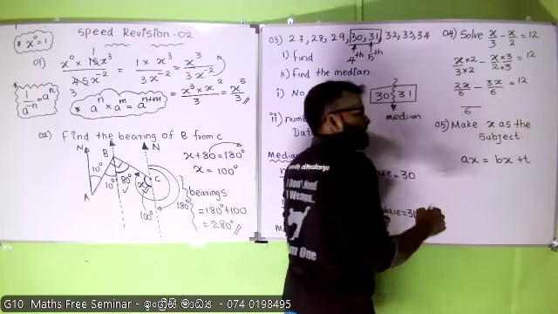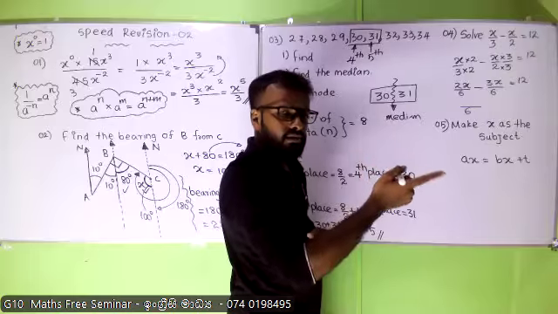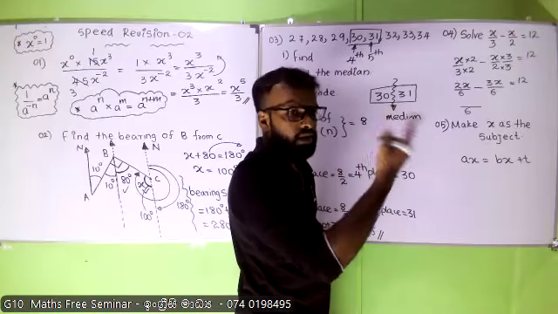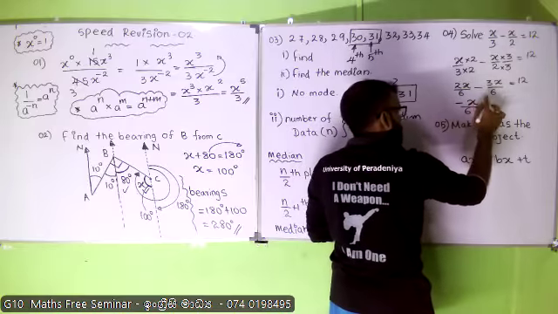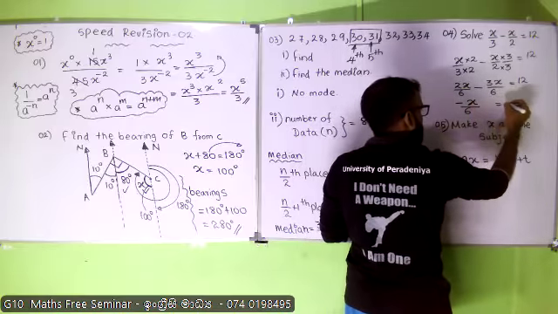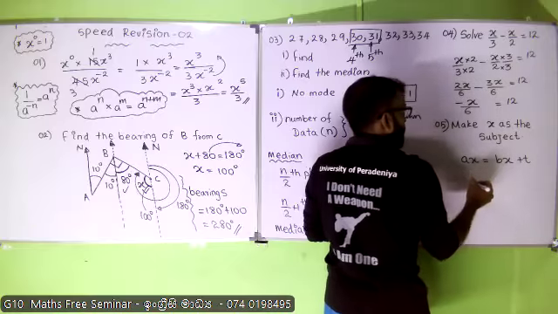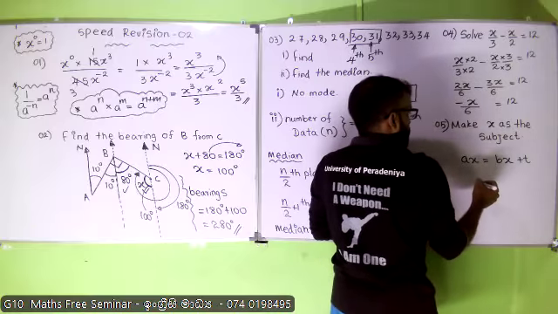So 2x minus 3x, which is minus x. Keep that in your mind. Minus x over 6 equals 12.